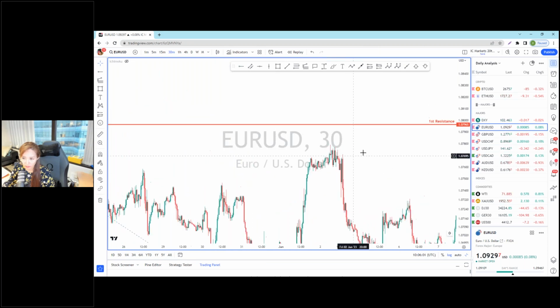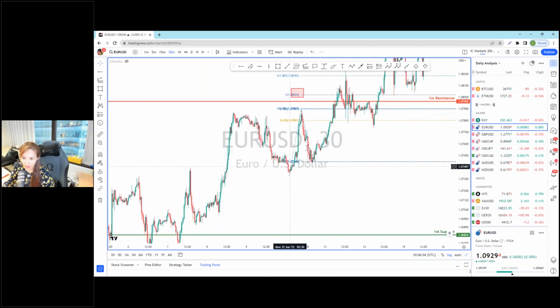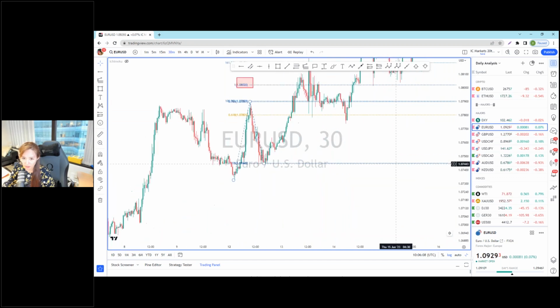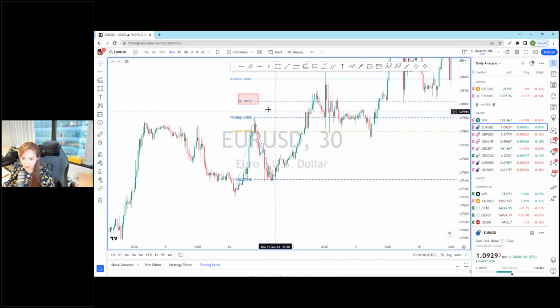You need to find confluence, right? Somewhere there. So I'm not going to use this. This is a resistance. As you can see here, when price breaks above this resistance, this is your first TP. If you were to buy from here, you can find the retracement here.